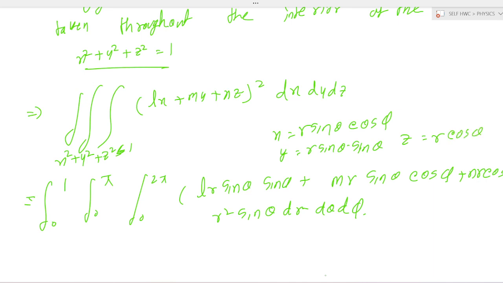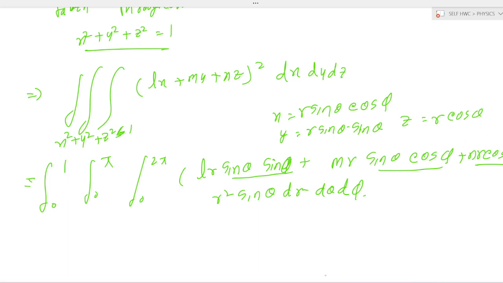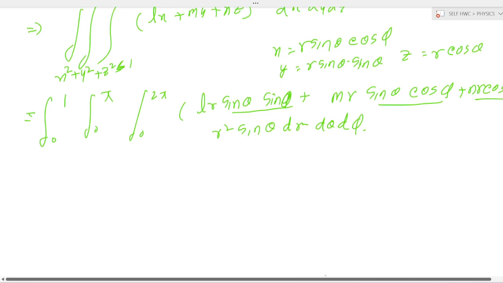So put in these values. Next, the limits are 0 to 1, 0 to pi, and 0 to 2 pi.